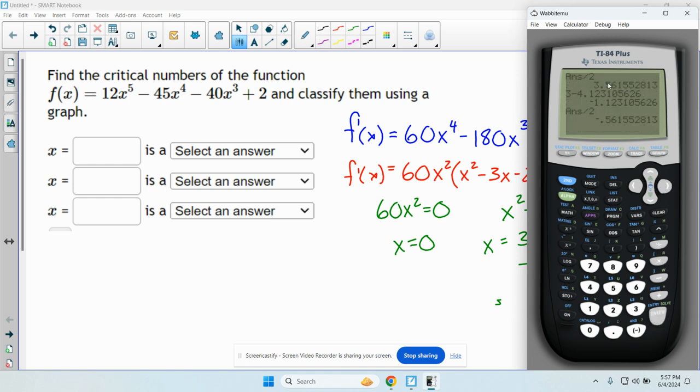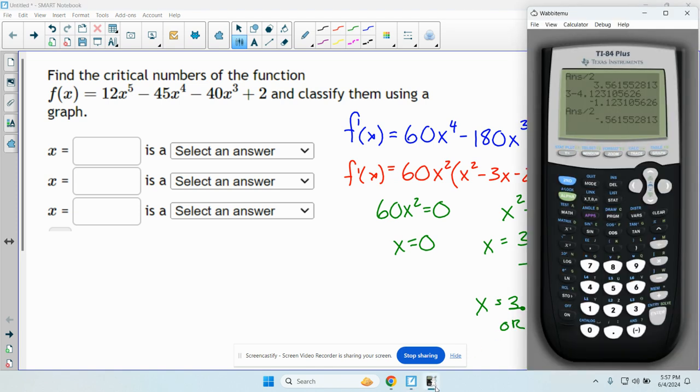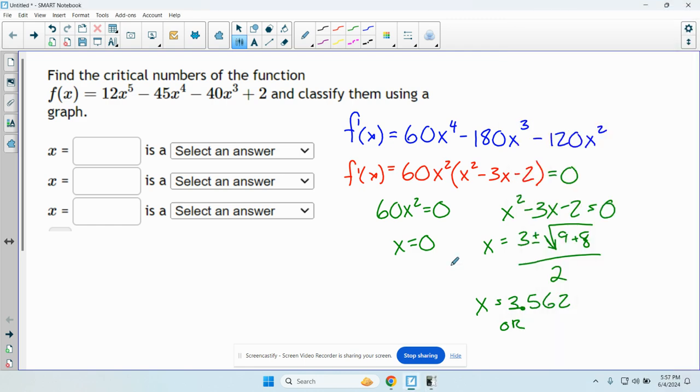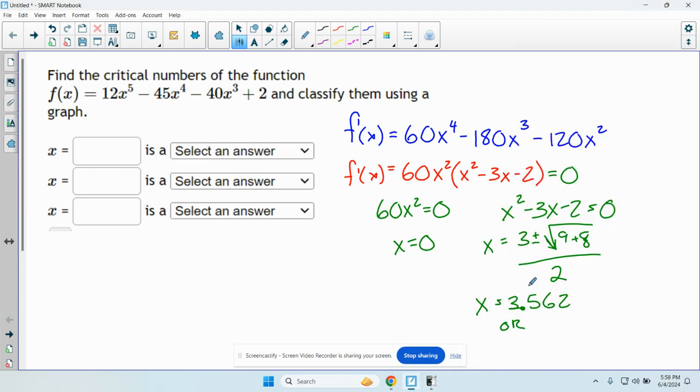So my answers are going to be 3.562 or negative 0.5616. Let's just do 3 decimals: negative 0.562.